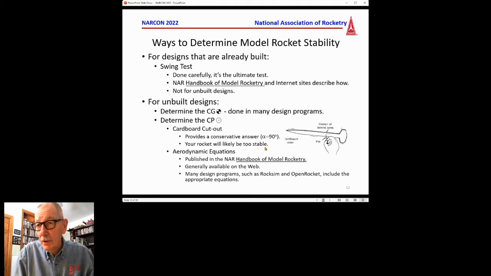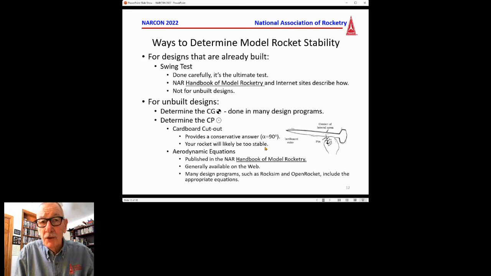Nature has given us, with rockets in general and with model rockets in particular, a nice situation, because as the rocket engine, which is at the back of the rocket, depletes its propellant, the center of gravity tends to move forward. So you tend to get an increasing static margin.